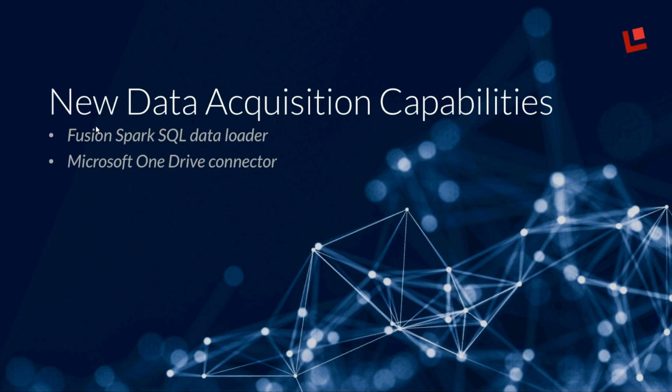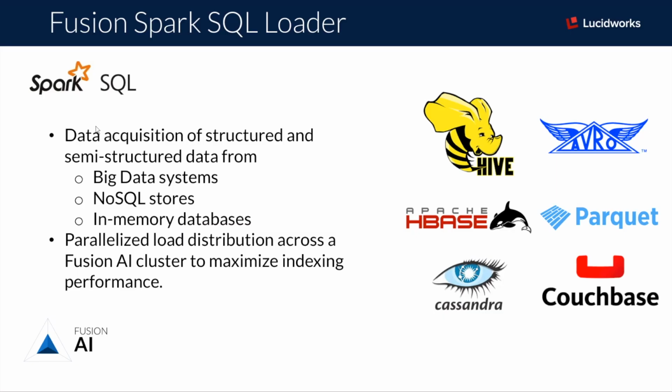Now, I'd like to introduce you to some new data acquisition capabilities we've added to Fusion. We are continually developing new integration points to allow our customers to bring more data into Fusion, enriching your search index with relevant data and signals. The Fusion Spark SQL Loader is a new Fusion job that allows for data acquisition of structured and semi-structured data from a various number of systems.